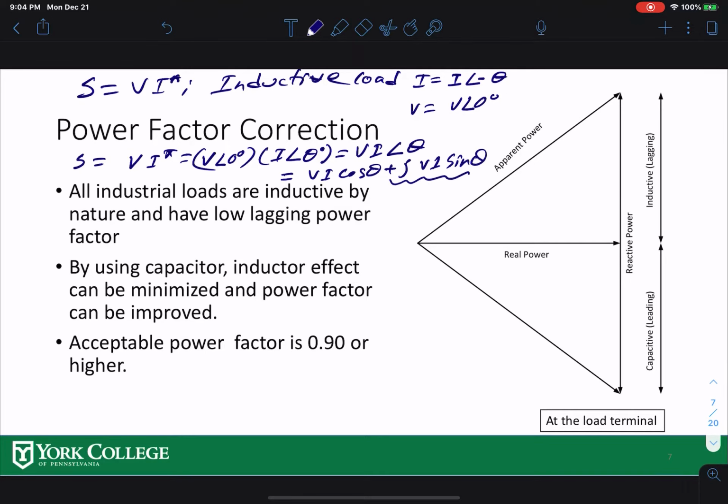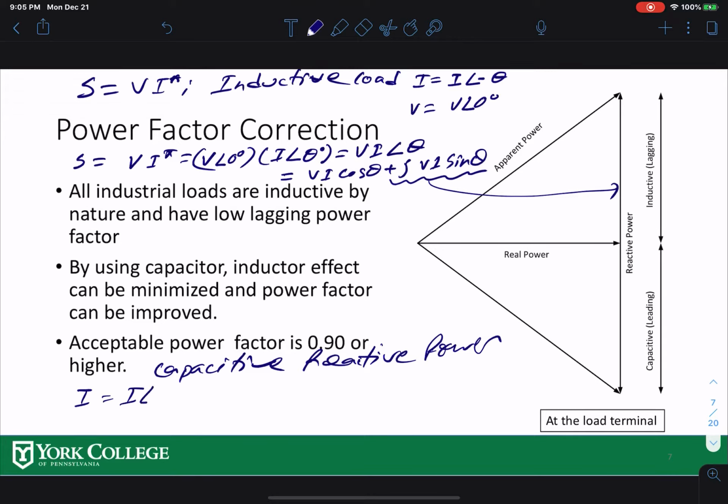So this is your positive reactive power. That is your inductive reactive power for the load. We're looking at the load, okay? Now, if I do the same thing for capacitive reactive power, the current is leading, so current will be I leading positive angle, and I have the same voltage there.